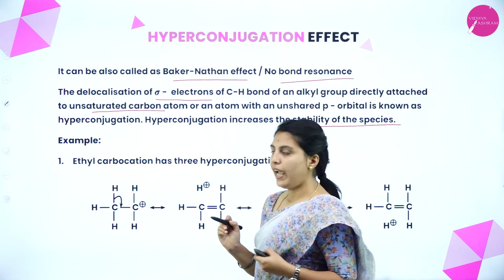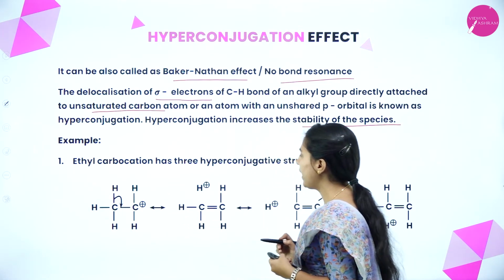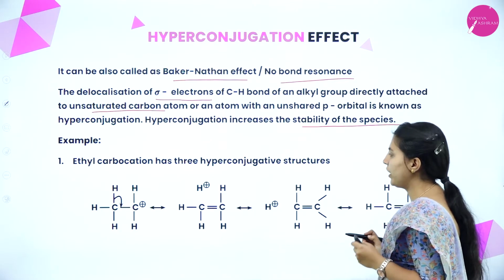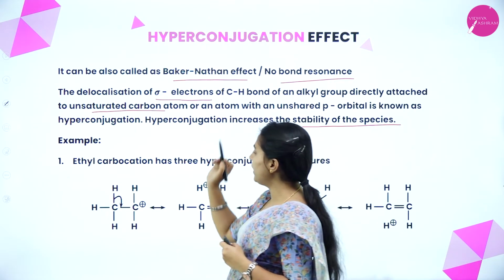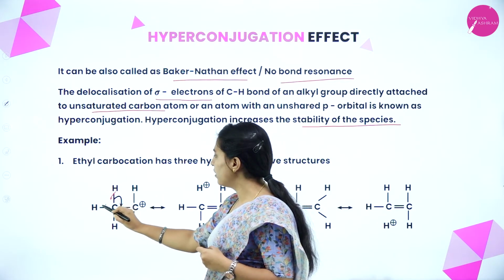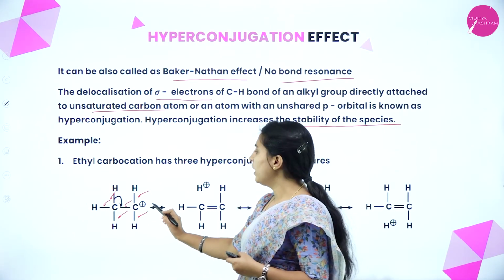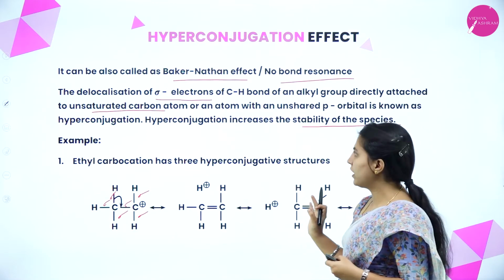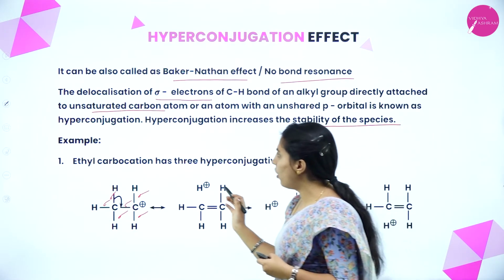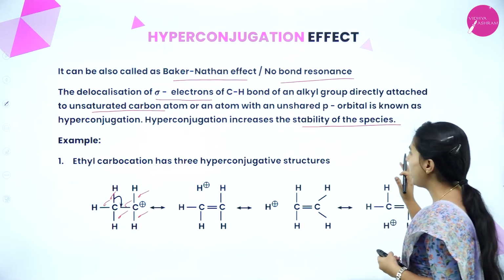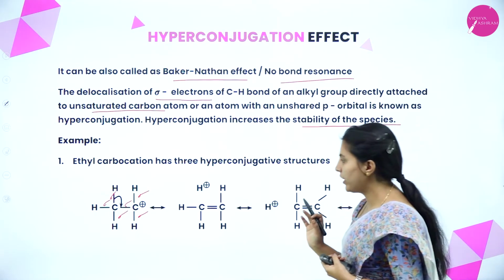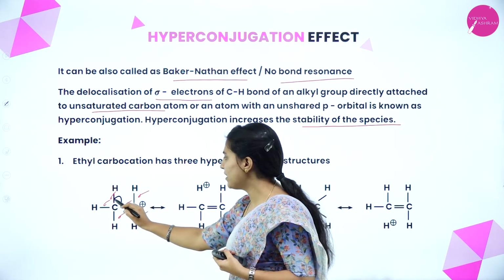See here, for example, ethyl carbocation has 3 hyperconjugative structures. These are all sigma electrons. Whatever sigma bonds are present, those single-bonded electrons move towards the directly attached unsaturated system, forming the unsaturated system.